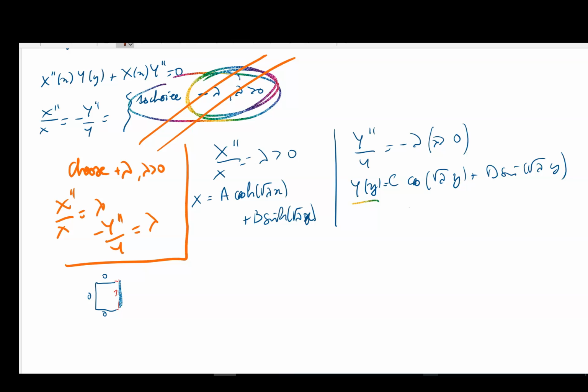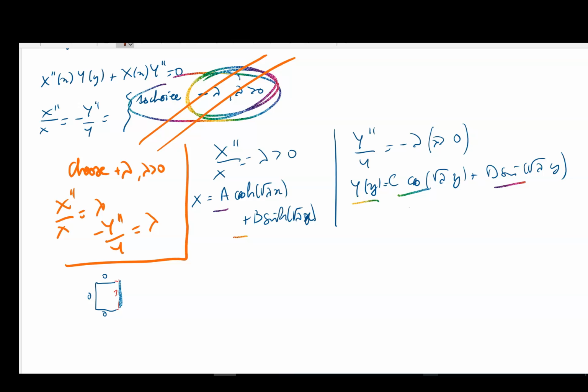Whereas I wouldn't be able to do that with just combinations of cosh and sinh, because these are just exponentials, and I can't create anything with a sum of exponential functions, whereas I can create all the continuous or almost everywhere continuous functions with the Fourier series, which are sums of simple cosines and sines.